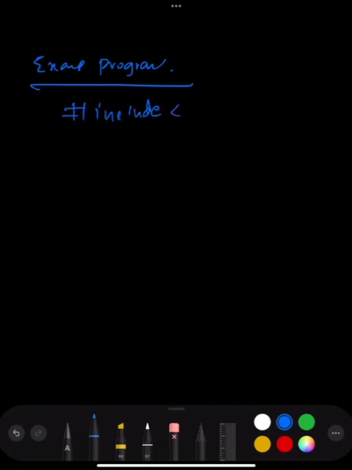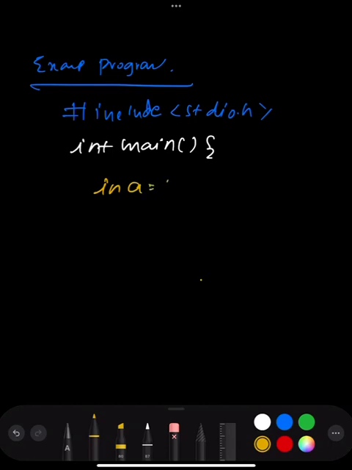Okay, now the example program for XOR. #include <stdio.h>, int main, and a is equal to 12, comma b is equal to 25.